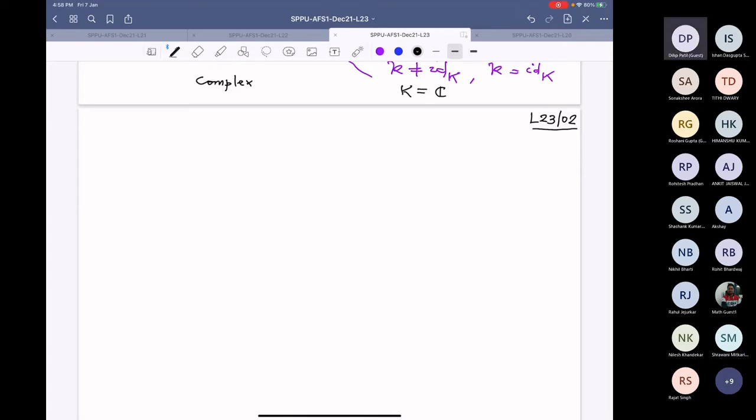I will also have to introduce new definitions. All right, so now suppose phi is Hermitian.